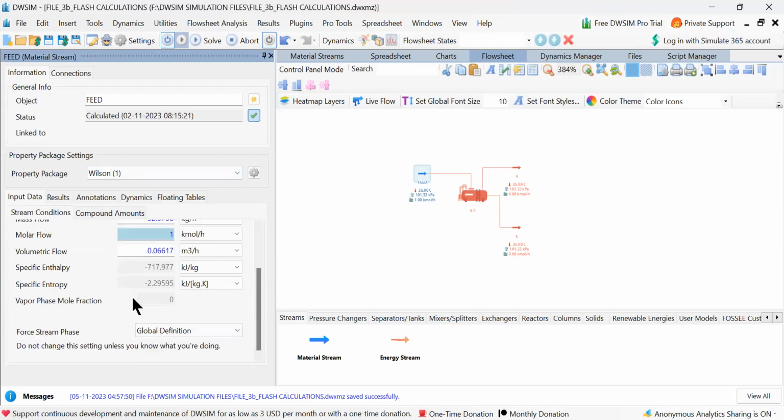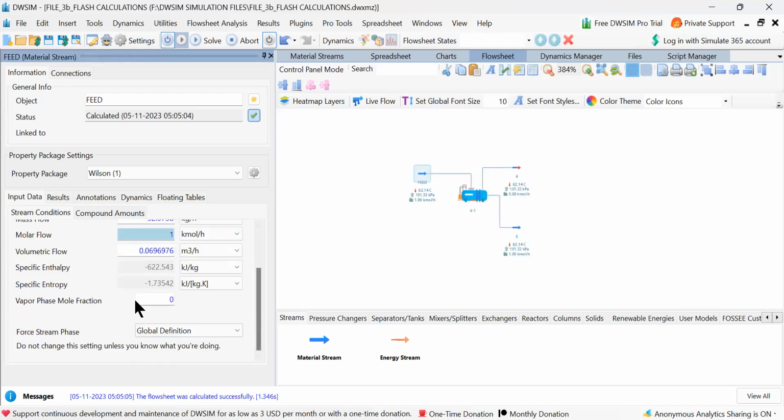This is the pressure, but what are T bubble and T dew? The temperature should be in between T bubble and T dew. Previously we got certain values. So in order to see them again, I take this pressure and vapor fraction, because I know the pressure is fixed. I come down and make the vapor phase mole fraction 0.